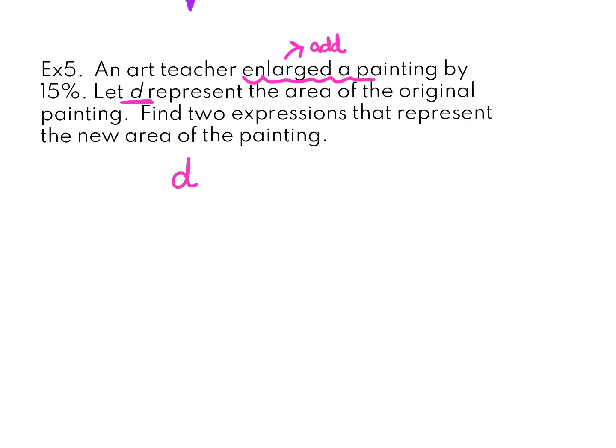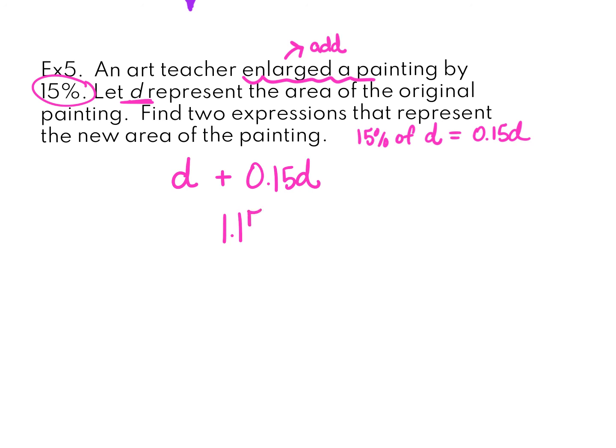And I'm going to add, because I'm enlarging, 15% of D, that's going to be 0.15 times D. So I'm going to add 0.15 times D there. That's going to give me 1.15D. There's my 2 equivalent expressions.